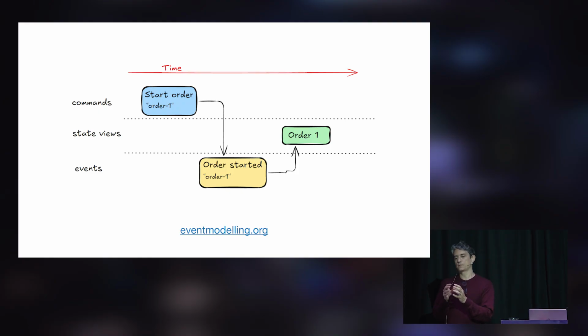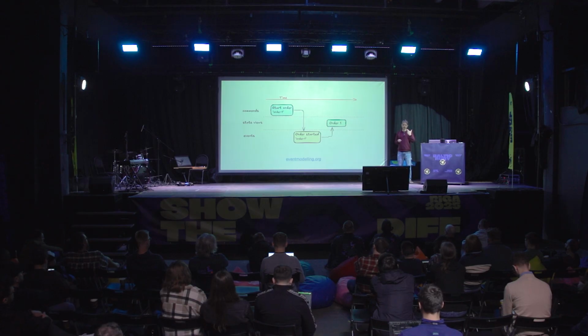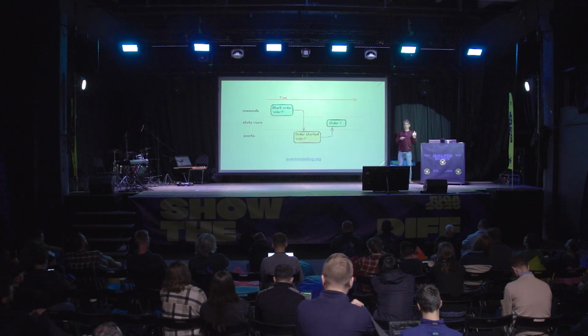But now, how do we actually get to the current state of an entity in the domain? For example, the current state of an order, right? We look at those events, those facts that happened, and we use the data in those different events to reconstitute the current state of whatever the entity is. Here we had the command, and the command carried with it an order ID attribute, order 1. We pass that on to the resulting event.